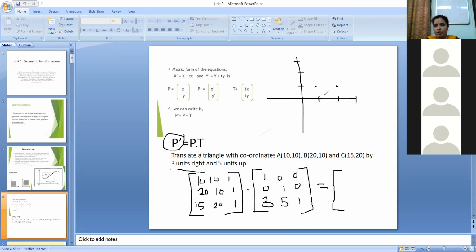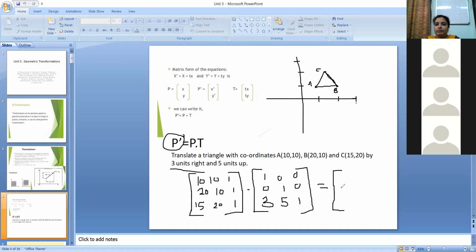And 15, 20. So in between this and here somewhere. So this is your triangle ABC, original triangle. Okay. This is your point A, 10, 10, point B, 20, 10, and point C, 15, 20.